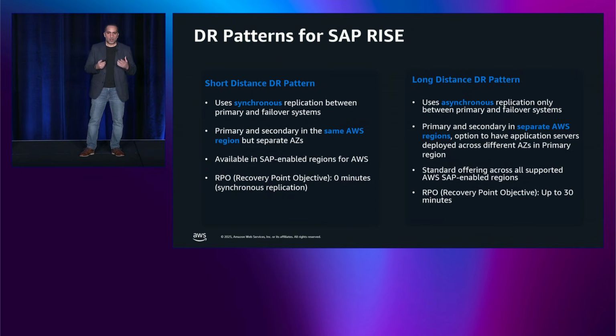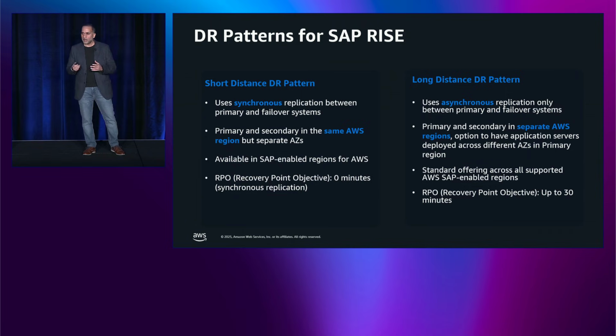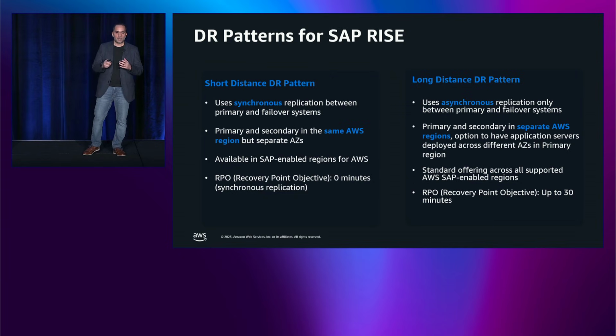The first is short distance DR. It uses synchronous replication between primary and secondary applications within the same AWS region but across separate availability zones. It uses synchronous replication to provide zero RPO, which means zero data loss for your mission critical SAP landscape.